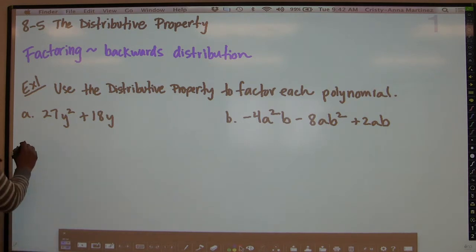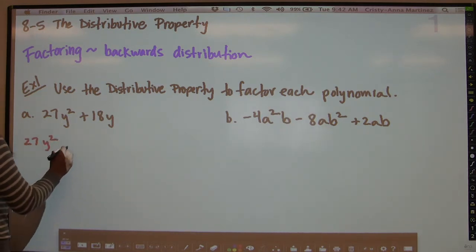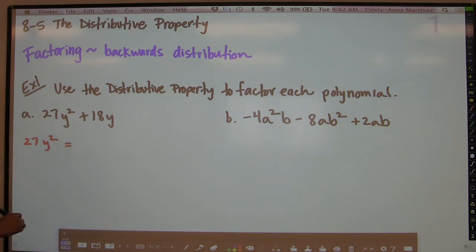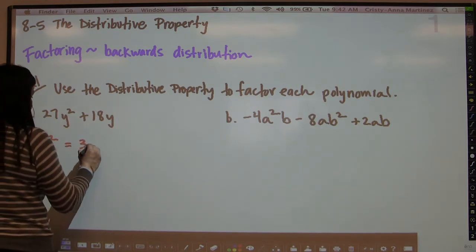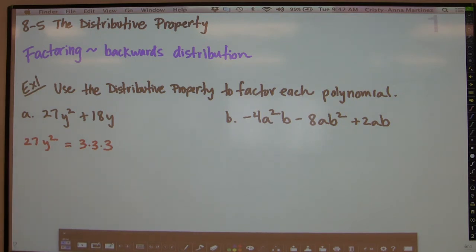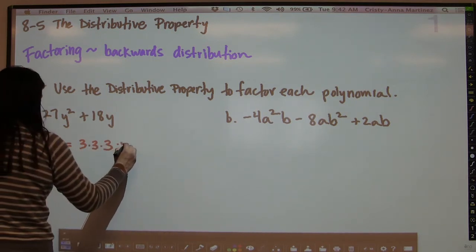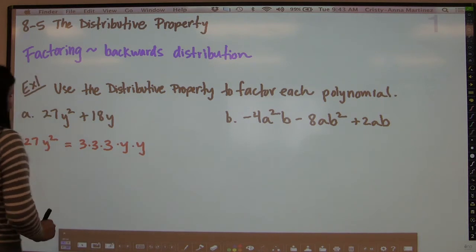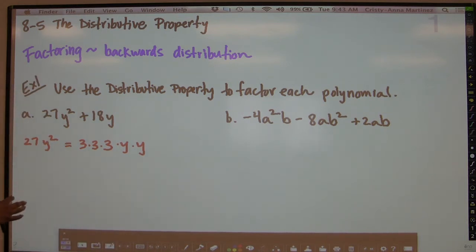We take each term, 27y squared, and you want to basically break it down into its prime factors. So we know that 27 is basically 3 times 3 times 3. And then y times y will give you the y squared. So that's basically the complete prime factorization for the first term.